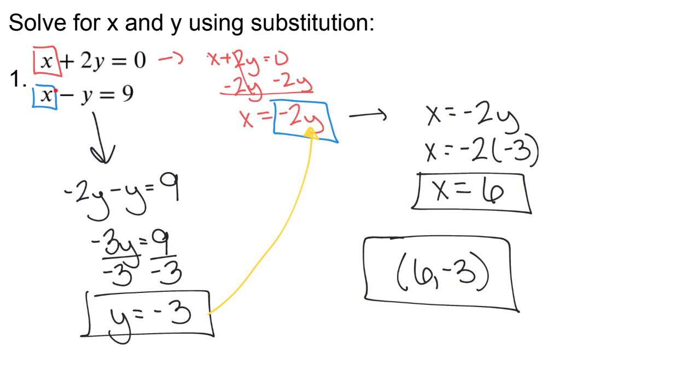And in here, we're going to swap out x for what we know x is, which is negative 2y. So I've rewritten this, but instead of x, we put negative 2y, and then everything else just stayed the same. We were then able to solve this equation to find y. Once you know one letter, you can plug it back in and find the other.